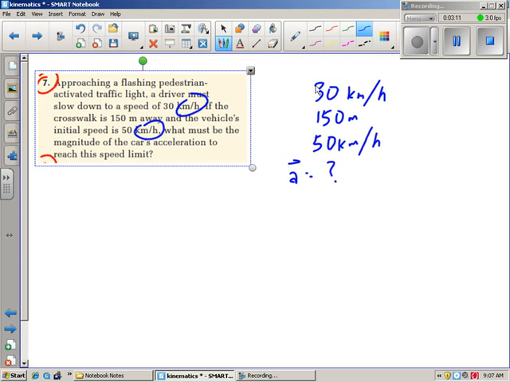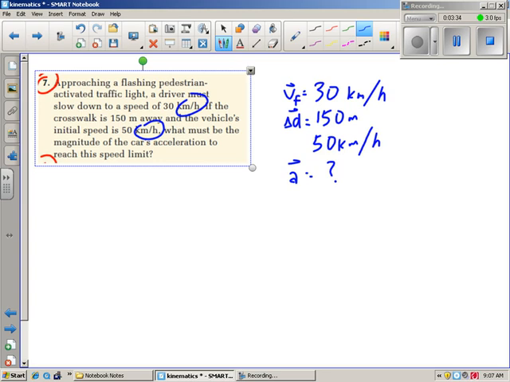All right, tell me what the 30 kilometers per hour is. VI, VF, V, delta V, what is it, Caden? Final velocity, so it has to slow down to a velocity of 30 kilometers per hour. Good. What's the 150 meters? It's the displacement. Good. Now somebody might say, well, isn't that distance?